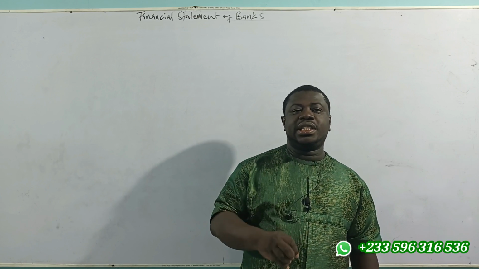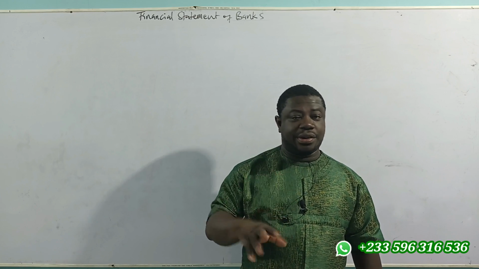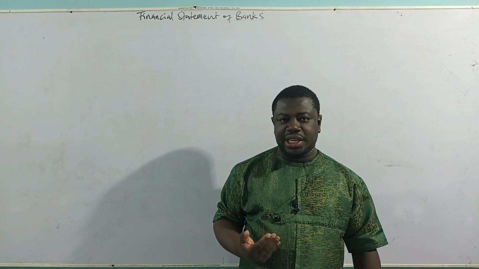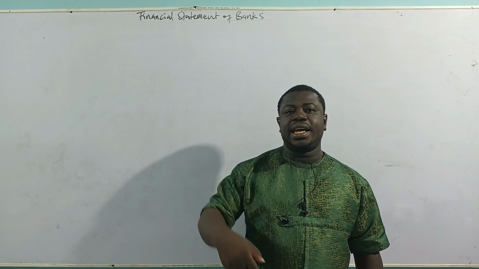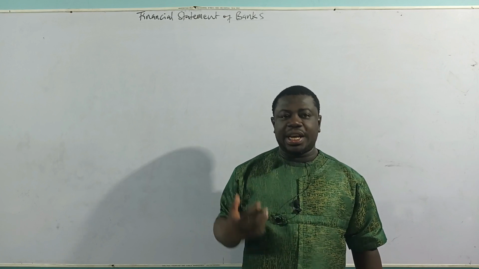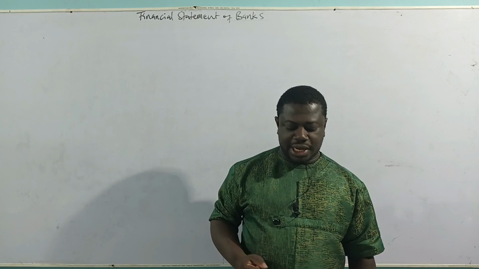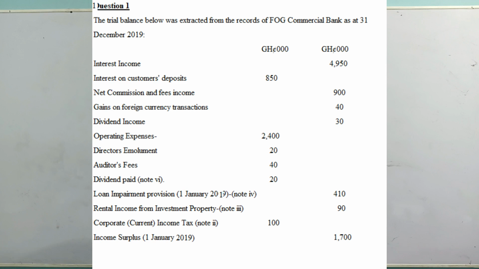But when you see something like the gains on foreign currency transactions, those are related to operations, so they are other operating income. And then if you see something like dividend income, that is also coming from investment of liquid funds. That is also operating income. So you can see that gains on foreign currency transactions, 40 cedis, is an operating income. And then dividend income of 30 is also an operating income.